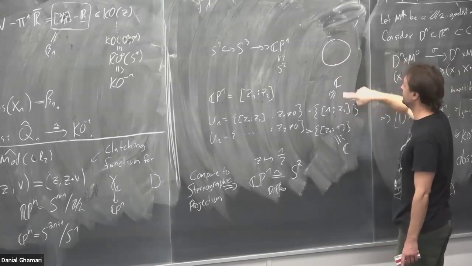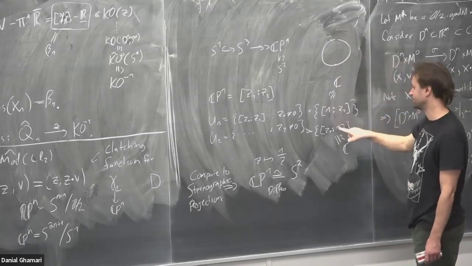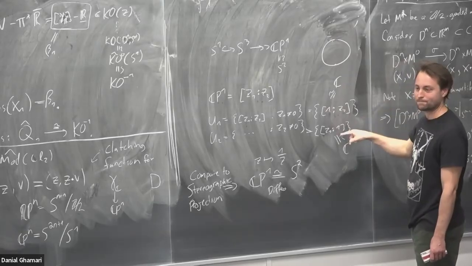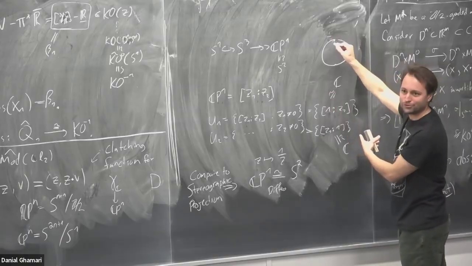In this picture, one pole is where this coordinate is 0 and the other pole is where the other coordinate is 0. So these two charts are exactly the two standard charts of the two-sphere. I don't know if that helps.